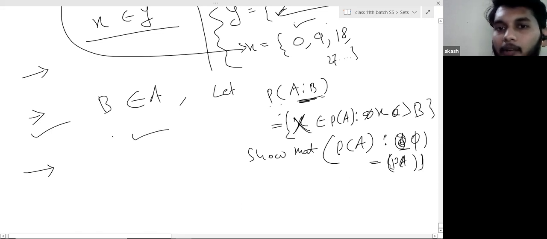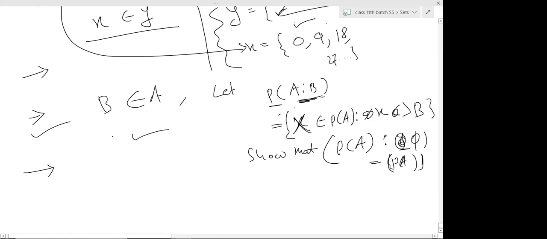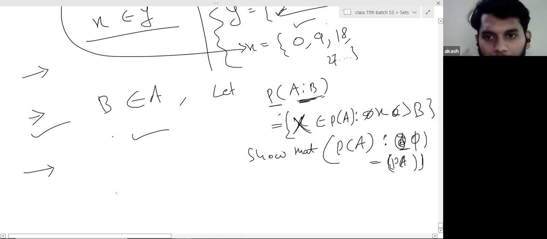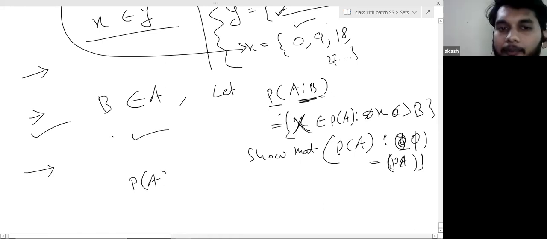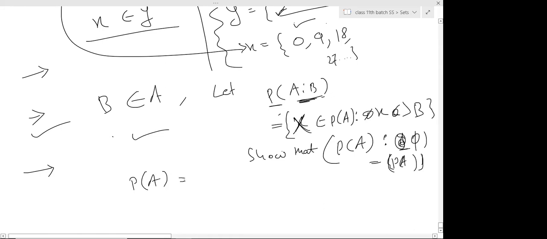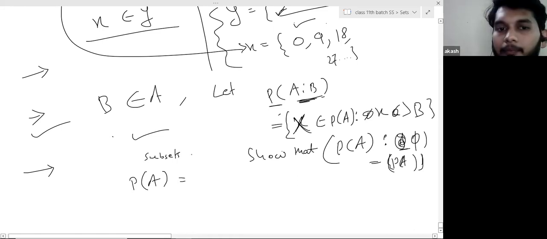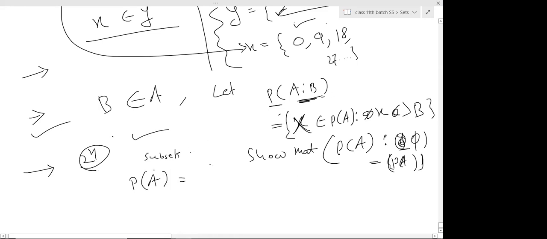I hope you know what power set is. Yes, all the collection of subsets of A. And you should also know the formula to solve this question: 2 raised to the power n, the number of elements.